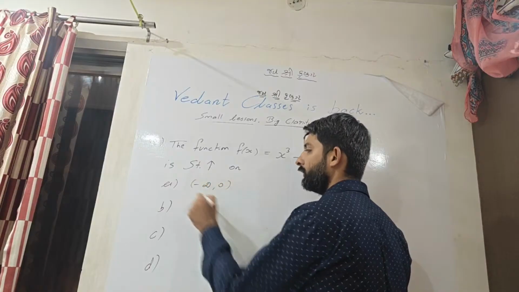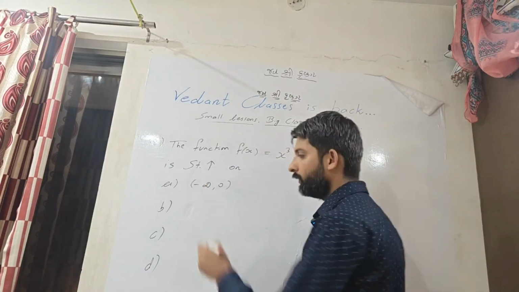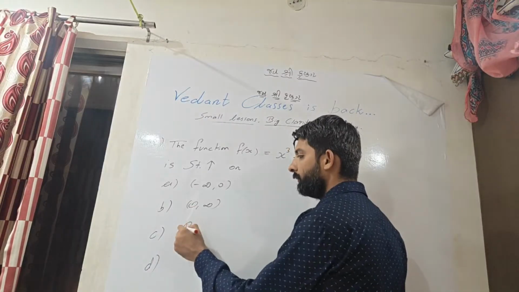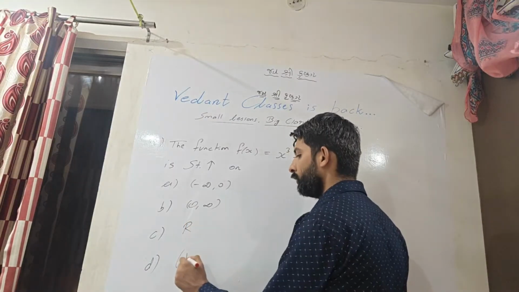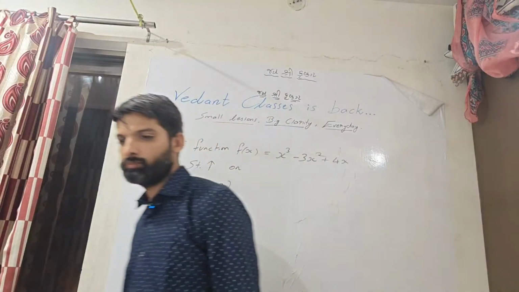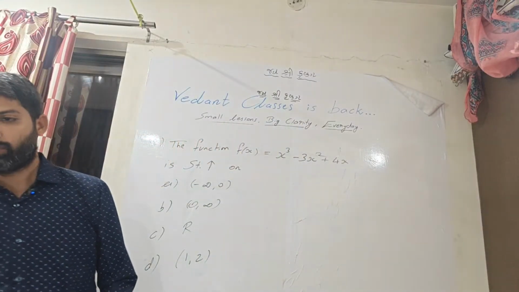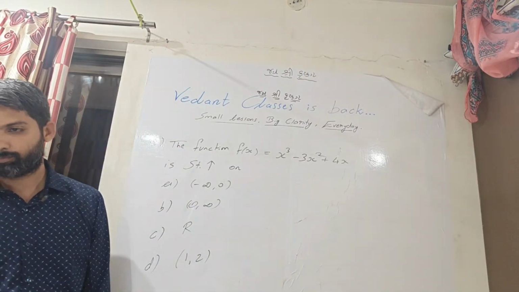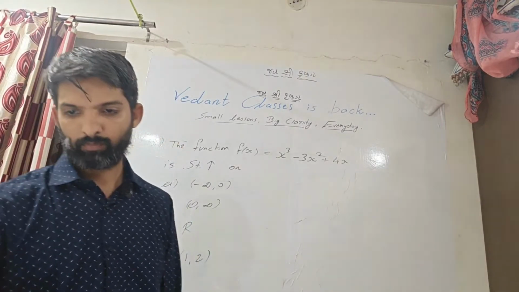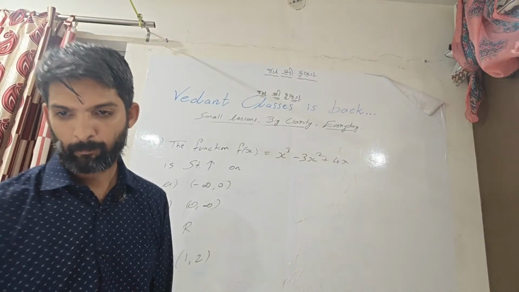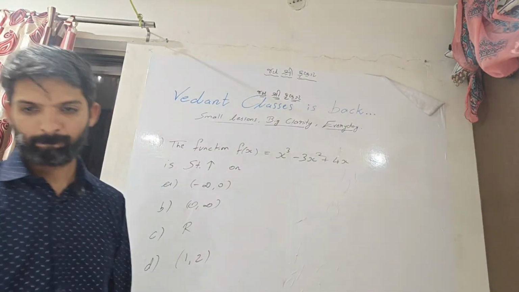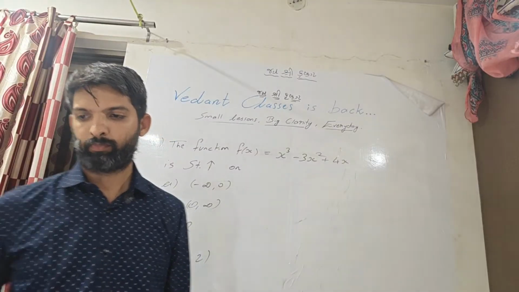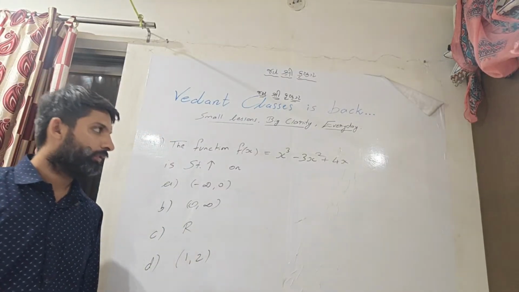Minus infinity to 0, then 0 to infinity, then all real numbers, and 1 to 2. It will be strictly increasing on which interval?